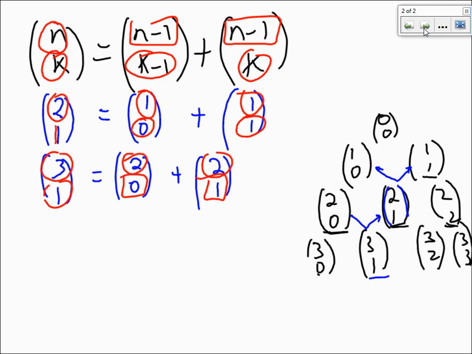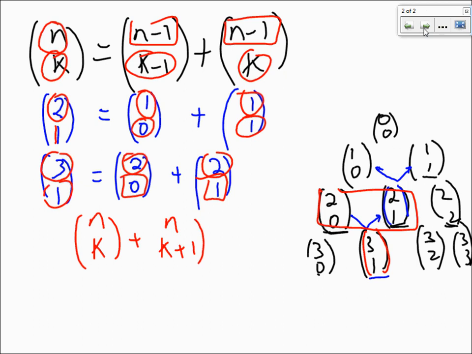It turns out that when you add these two, you get the one underneath. That obeys the rule. N choose K plus N choose K plus 1 becomes N plus 1 choose K plus 1.